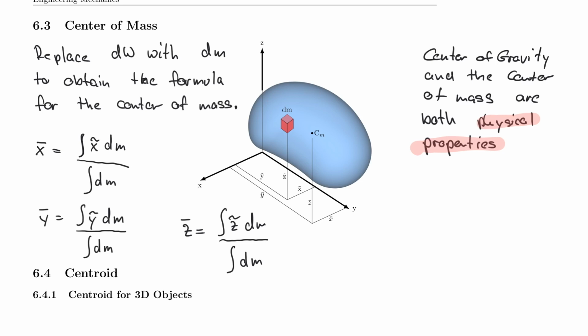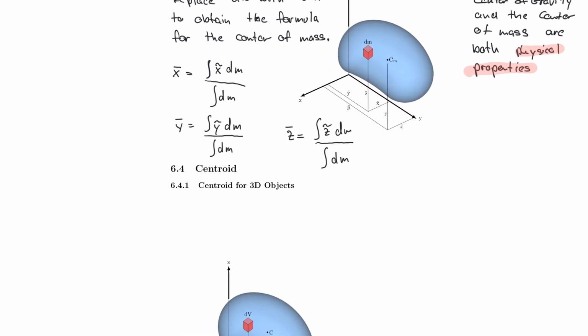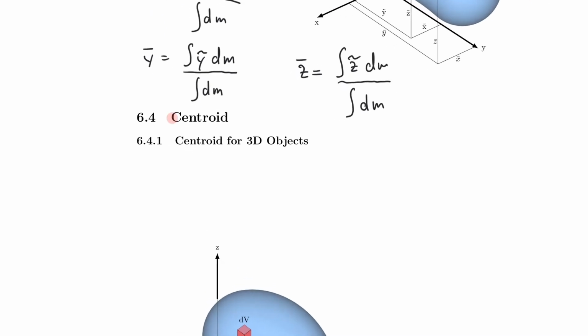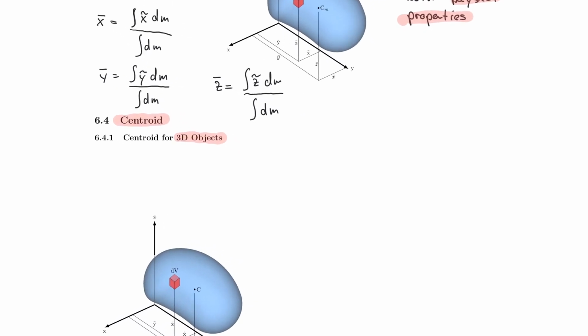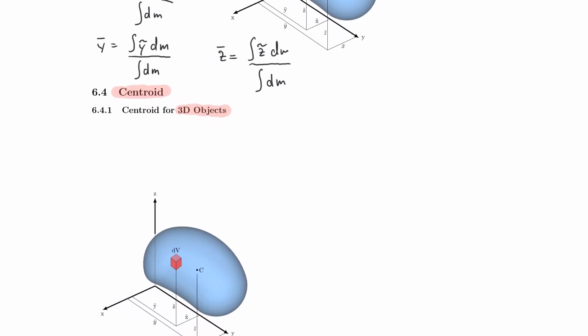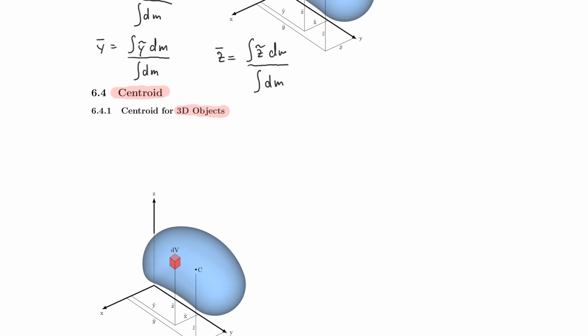This is very different for the next thing we're going to talk about. So now we're going to talk about the centroid, and first we will of course talk about 3D objects because that's where we're coming from, but the centroid is actually a geometric property. So now let's analyze that.